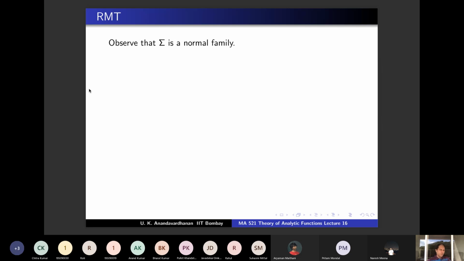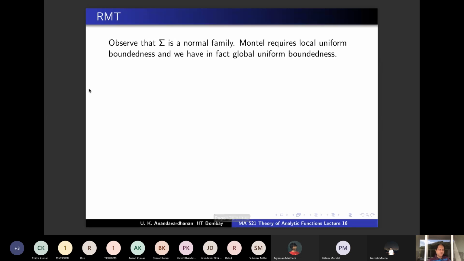Given a compact subset of omega, you want uniform boundedness on that compact set. But we have much more. We have globally uniform boundedness, because everything is valued in U, so everything has modulus less than 1. Therefore Montel applies and sigma is a normal family.